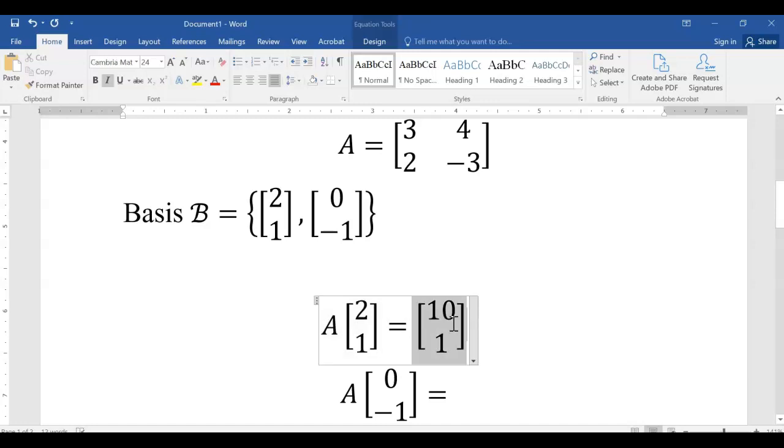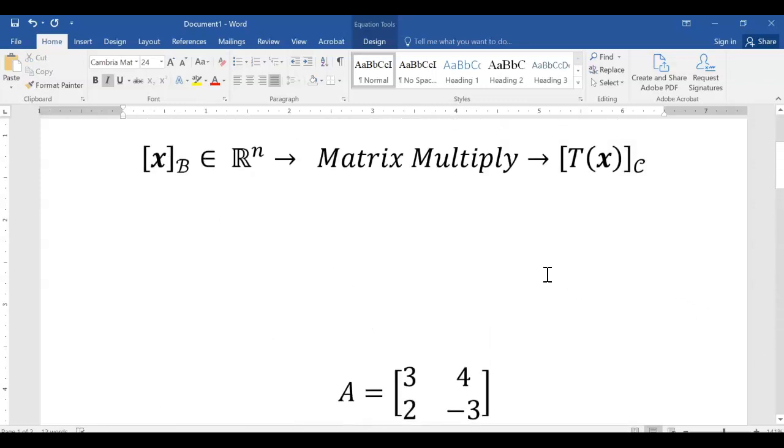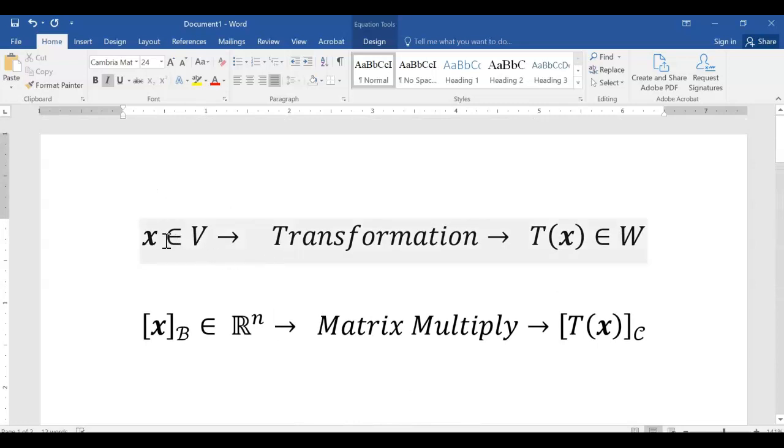Now, this is just the vector 10, 1. This is not written as a linear combination of these vectors. This is just the standard vector 10, 1. If you think about it, what I've done is I've basically just gone from this part of the diagram to over here, this part of the diagram.